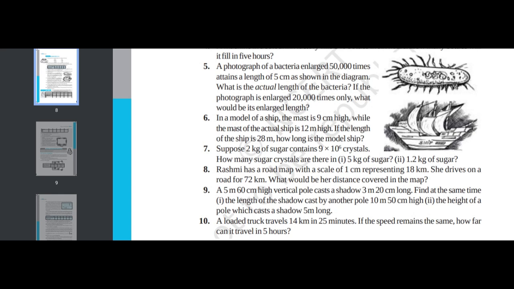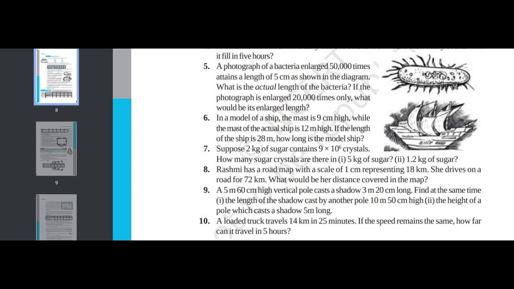So question number 7 says, suppose 2 kg of sugar contains 9 multiplied by 10 power 6 crystals. How many sugar crystals are there in 5 kg of sugar and 1.2 kg of sugar? There are 2 kg in which the sugar is this.